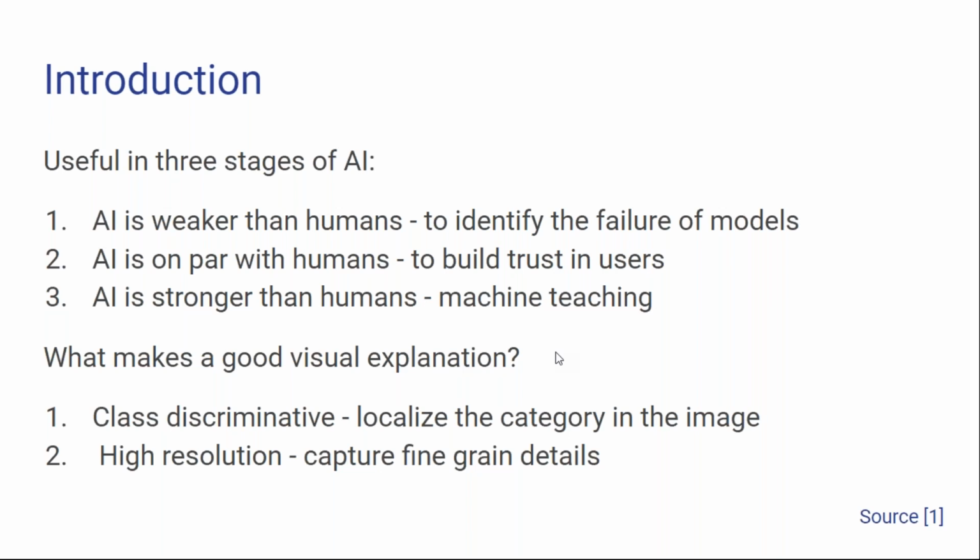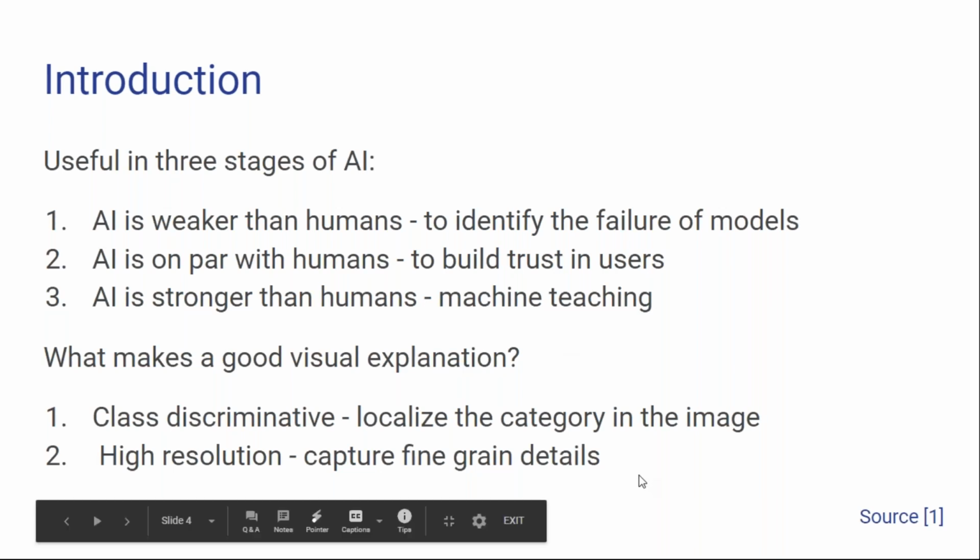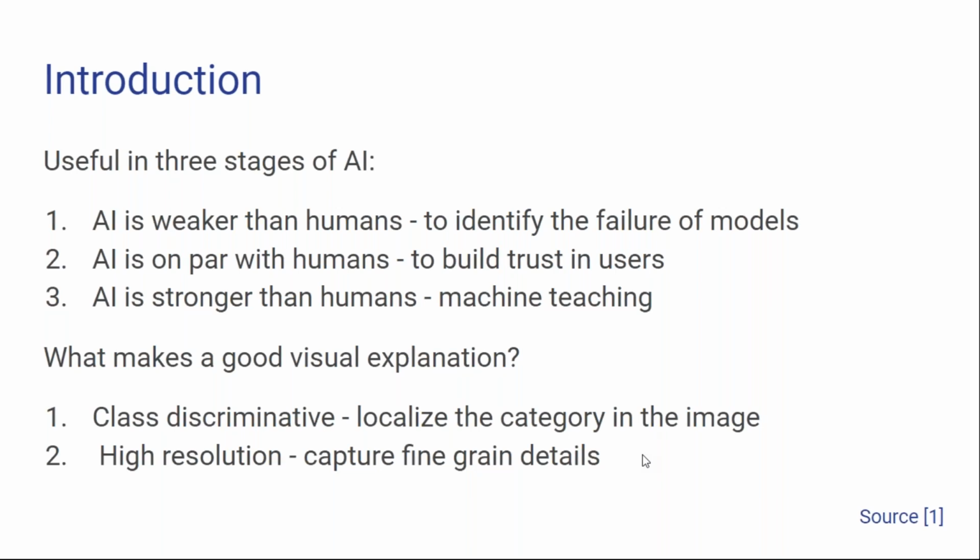For telling the breed, it looks into the fine details of the features in that particular cat image. Probably there are some stripes on the cat, like that. So these are the two things that we will keep in mind, and we will see how Grad-CAM tries to achieve these two goals.